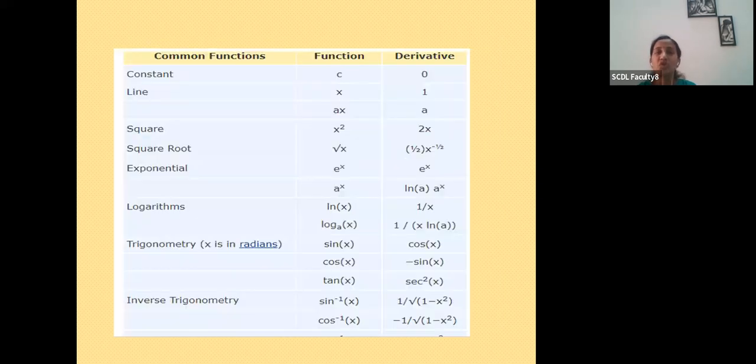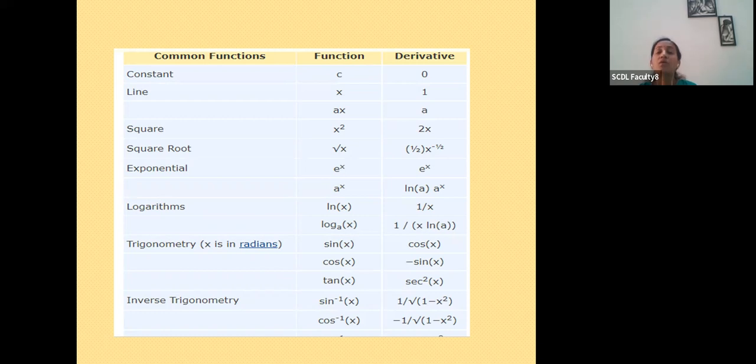Now, as I mentioned, you have to keep all these functions and their derivatives in mind. When we go with the derivative d by dx of c, the answer should be 0. The derivative d by dx of c is equal to 0. When x is present, you have to write 1 there.